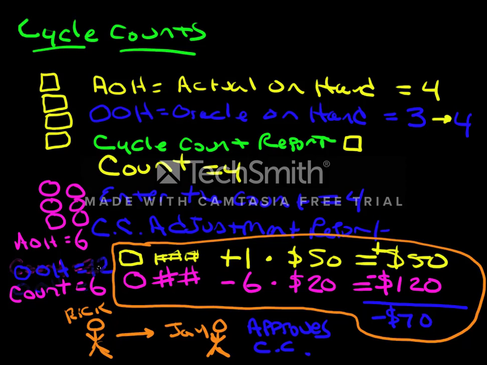Erase that. Need a better eraser, but okay. And that gets changed when Jay runs the approval. The Oracle on hand for these circles becomes 6. So now that's correct. So that's basically how a cycle count works. That's the easy version of that.